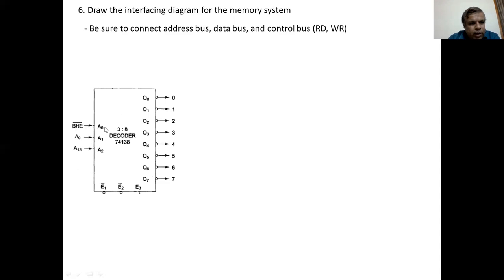Connect BHE bar to the A0 select input, the A0 address bit to the A1 select input, A13 to the A2 select input. These select inputs select which output pin should go low.